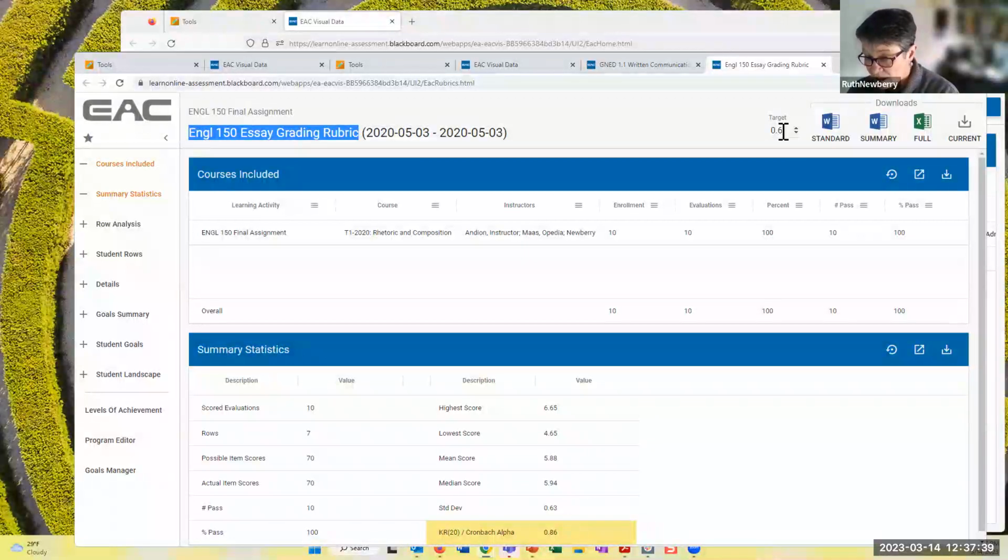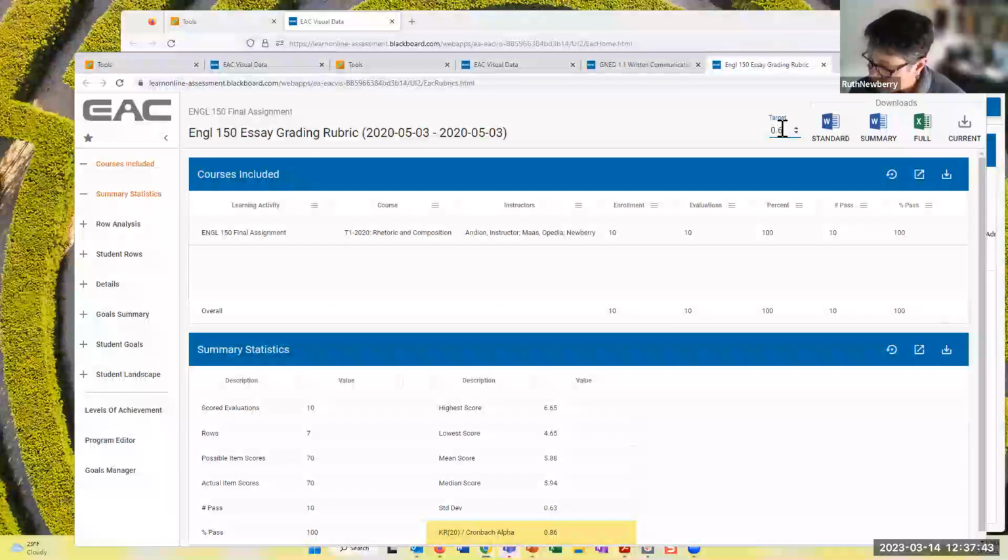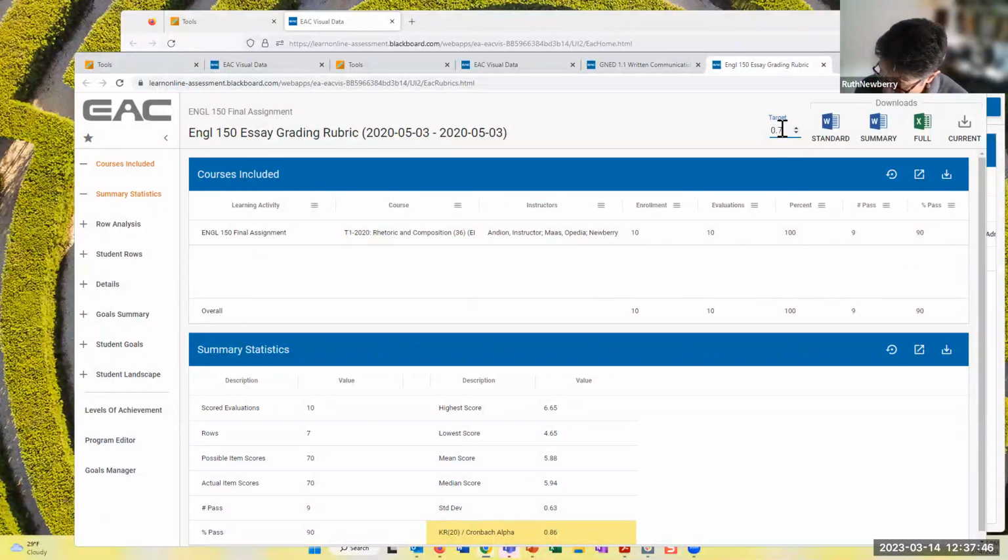That is a D, what is marked as passing. But I really may want to look at how many of my students are at that mid-C range. So I can change this target up and down, maybe even a high 80, a B. How many students are meeting my target, that pass?